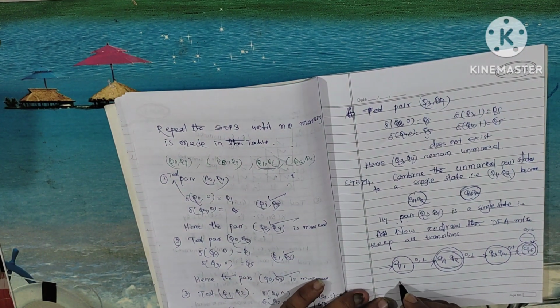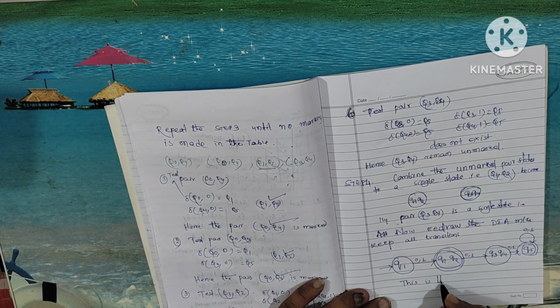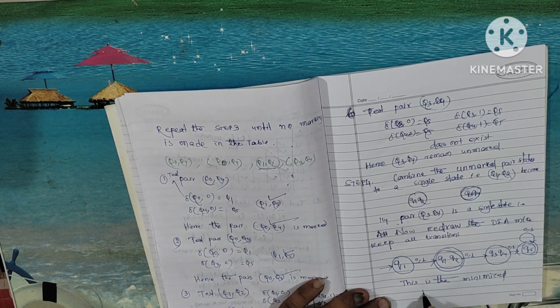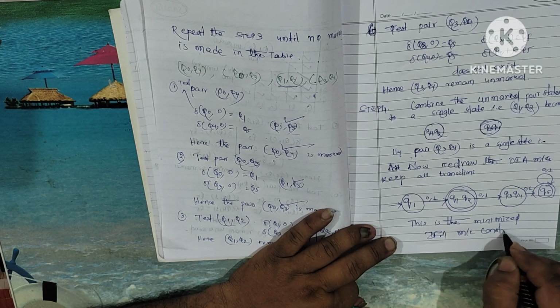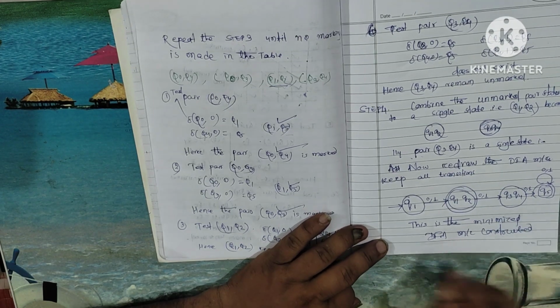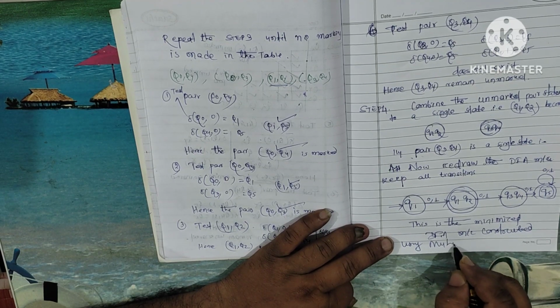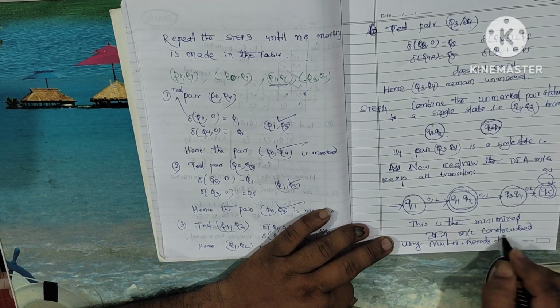So this is the minimized DFA machine constructed using Myhill-Nerode theorem.